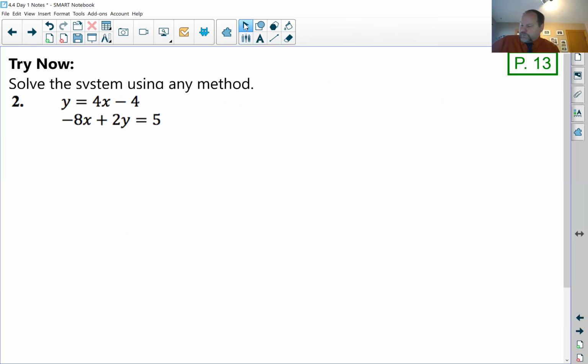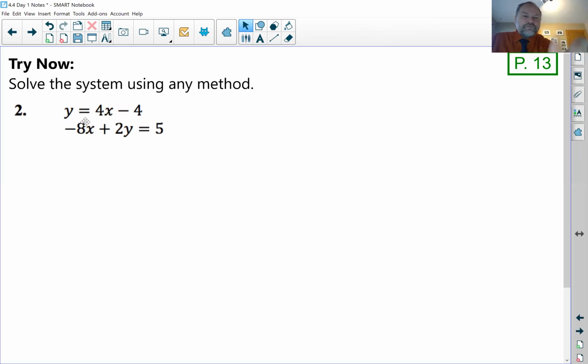For number 2, which method would work the most efficiently to solve this system?